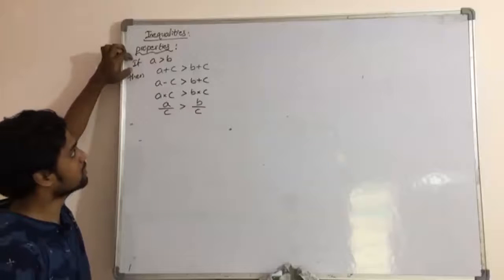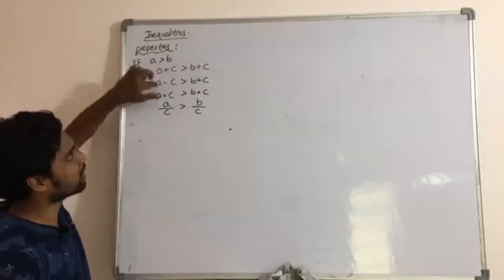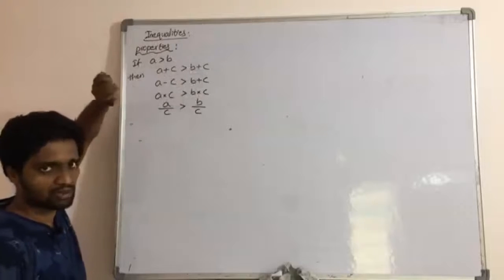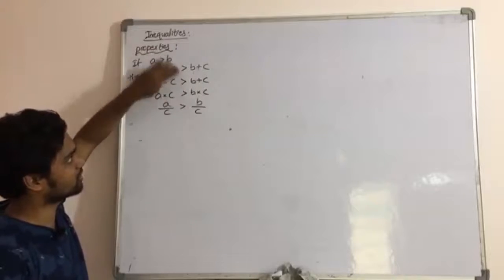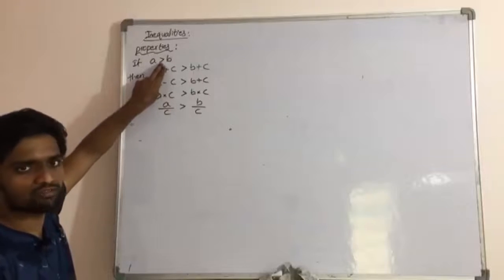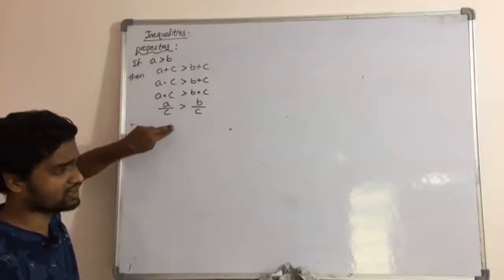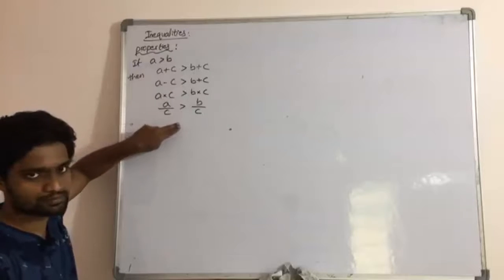This is common. So for this inequality, if I add a number on both sides or subtract or multiply or divide with a number, does the inequality change or not? That is the question basically. Initially it was greater than. So even after adding, subtracting, multiplying or dividing, the inequality remains the same.